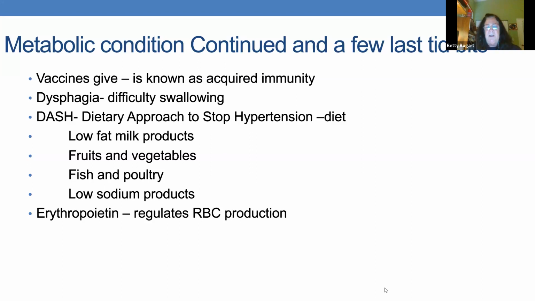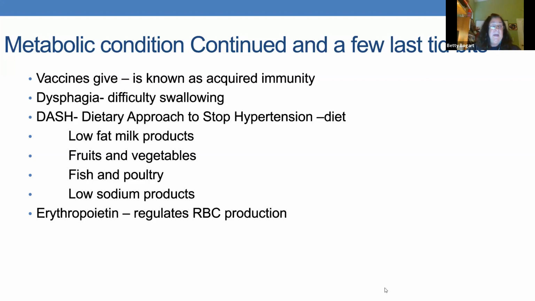Well, in children, we have found that many of them don't ever need medication. Just limit their fat so they don't get hyperlipidemia. Put them on fruits, vegetables, fish, poultry, and low sodium products. It doesn't mean no salt shaker. These children do very well on DASH.